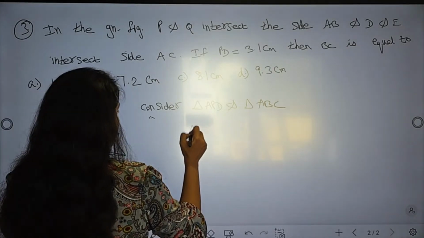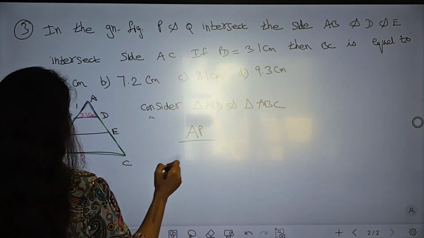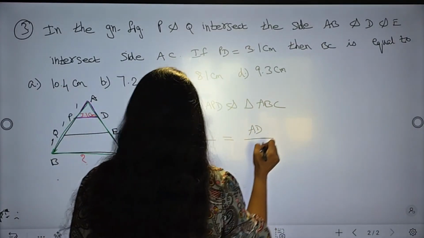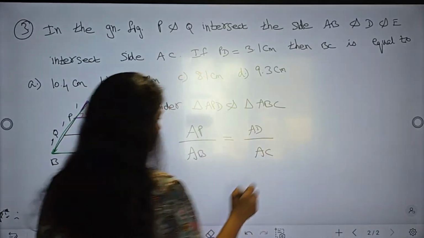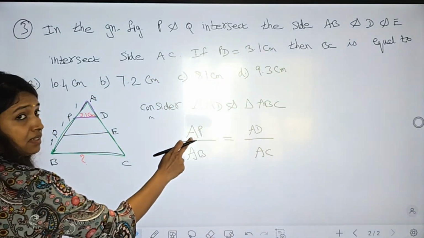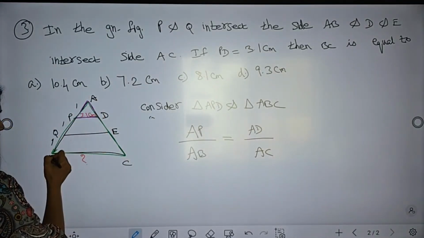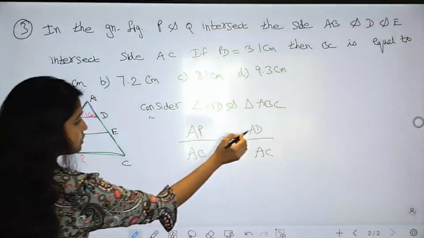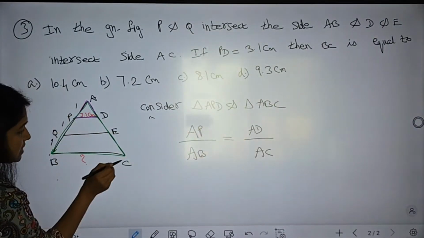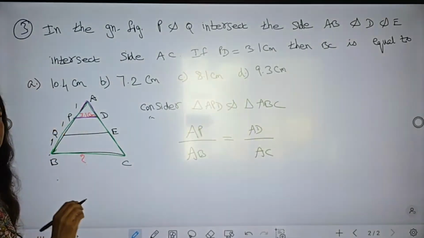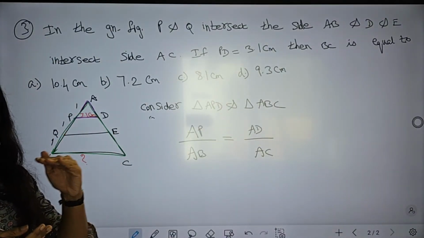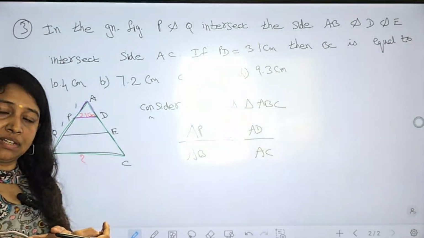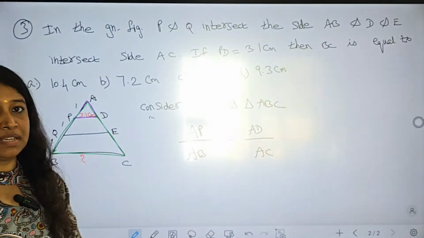So by BPT, we can write AP by AB is equal to AD by AC. AP is the side of the smaller triangle, AB is the side of the bigger triangle. Then again AD is the side of the smaller triangle and AC is the side of the bigger triangle. So we have written the proportion like smaller by bigger, side of the smaller triangle corresponding to the side of the bigger triangle.